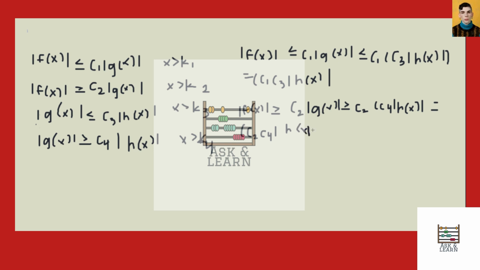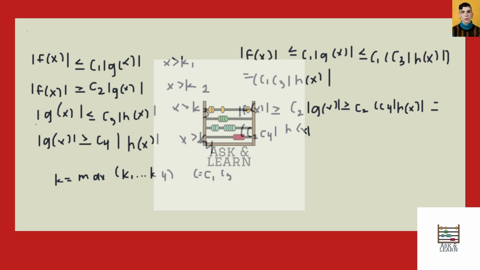By the definition of the big O notation, f of x is O of h of x with constants k equals the max of k1 all the way to k4, and C equal to C1 C3.